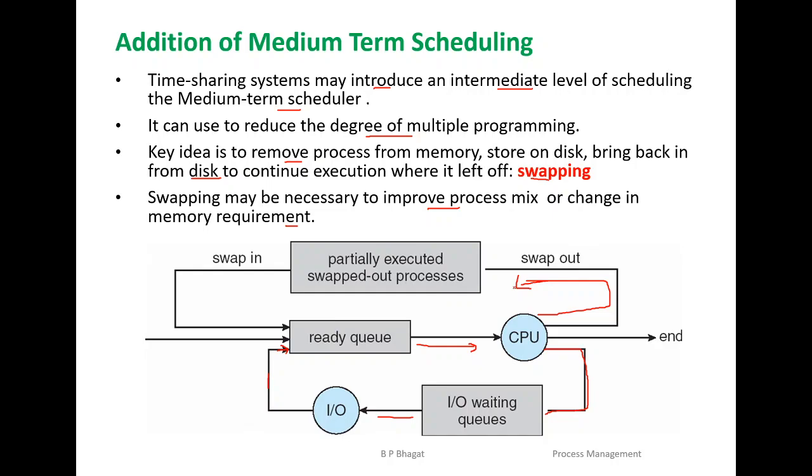That is, partially executed processes are swapped out, and later, once the high priority processes get executed, the swapped out process is swapped in again and is available in the ready queue to continue its further execution. This is how swapping helps to improve the process mix as well as handle the change in memory requirement.